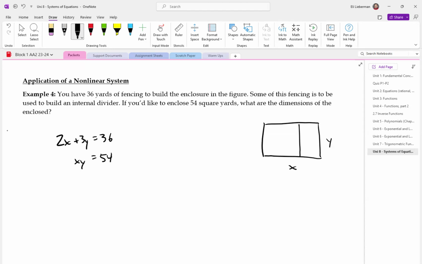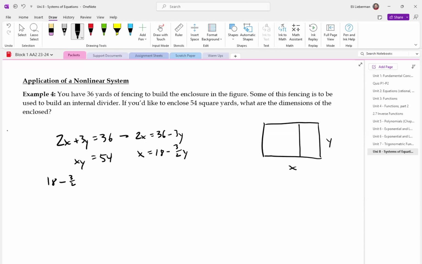Sure. I solved for X from the first equation. X is 36 minus 3y, and then X is equal to 18 minus 3/2 y. And then I plugged it into the second equation.